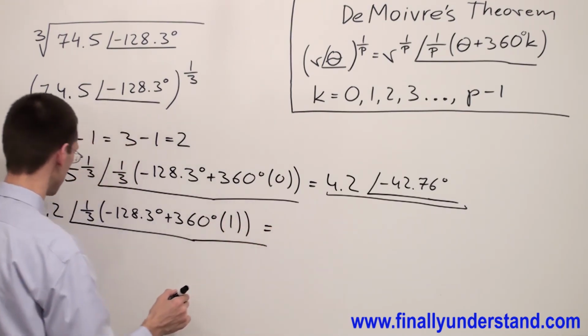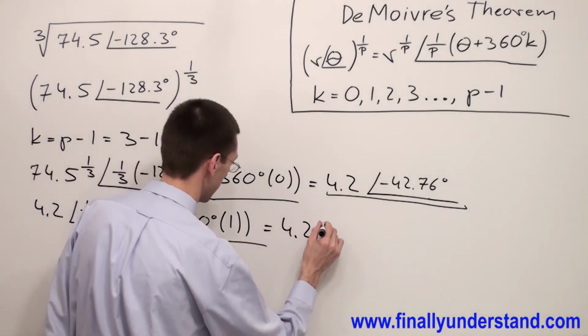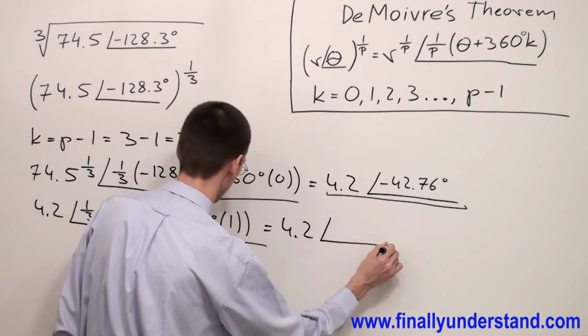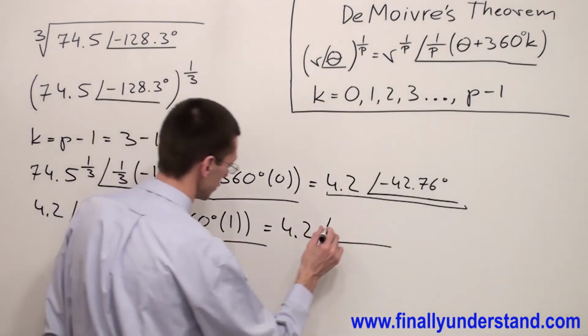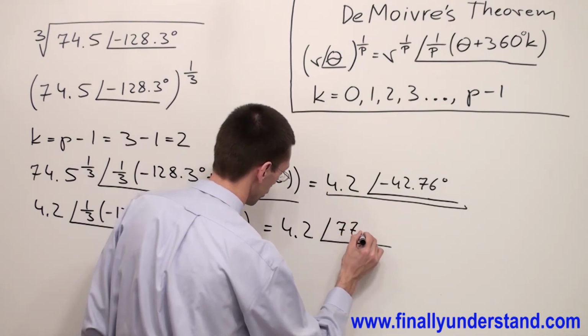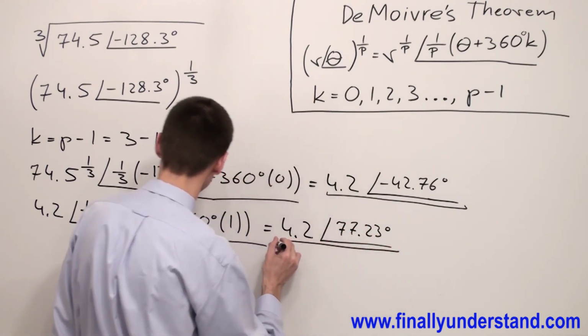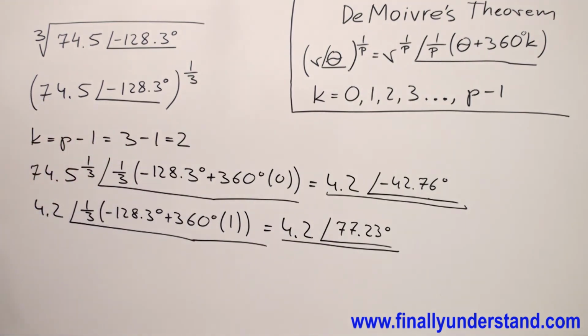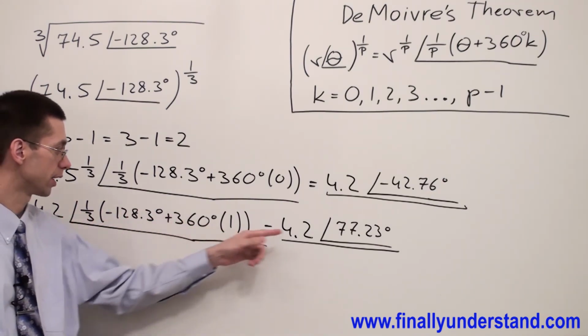This is equal to 4.2 and I have an angle of 77.23 degrees. So what I did, I simply copied down the magnitude and performed the operations.